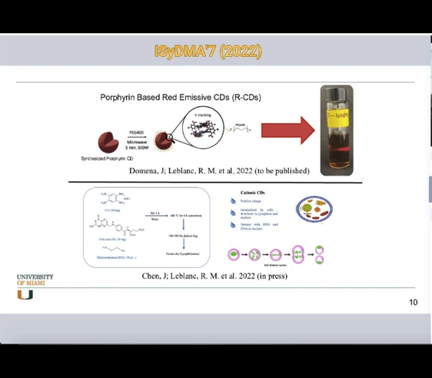And the next one, which we just have in press, is related to cationic carbon dust. The application is mainly related to cell biology. There are not many carbon dusts that we can have positively charged, and that's the reason why we have done a lot of work, at least 2 or 3 years, to reach this possibility to have positively charged carbon dust.